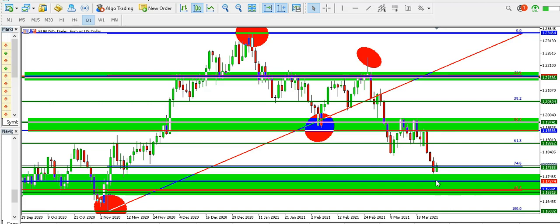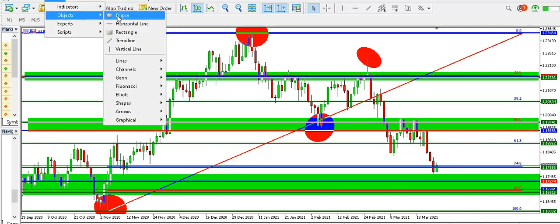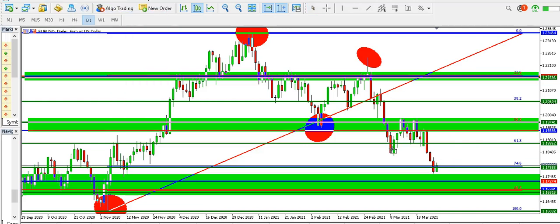So we expect price to go up and test, either come here, price may either come to this area where we have support, or break it and then come to this level. Okay, so that's the way.